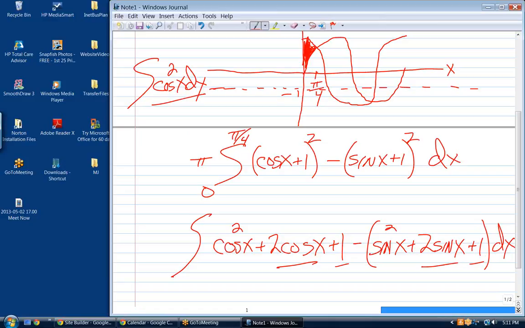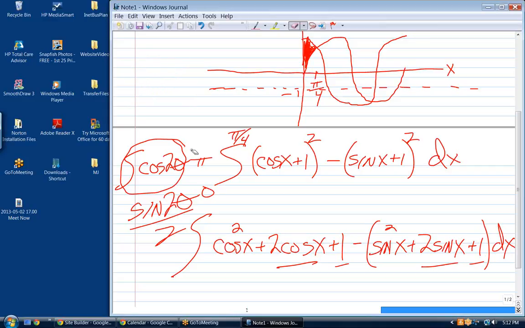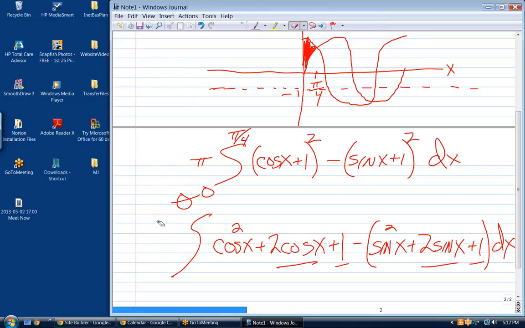And then that becomes relatively easy to integrate, because the integral of cosine of 2 theta is just sine of 2 theta divided by 2. So these are very easy to integrate. Integrating cosine squared of theta is a whole different story. In fact, you might not have covered that yet. I bet you haven't, because that's usually covered after doing volumes of solids of revolution.